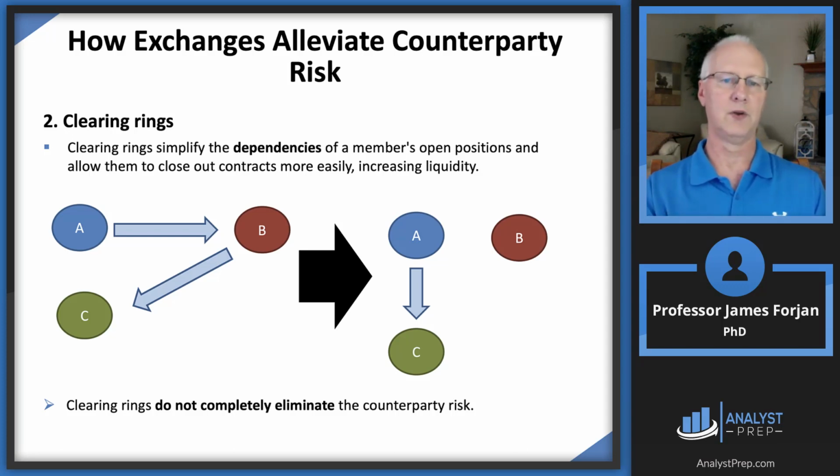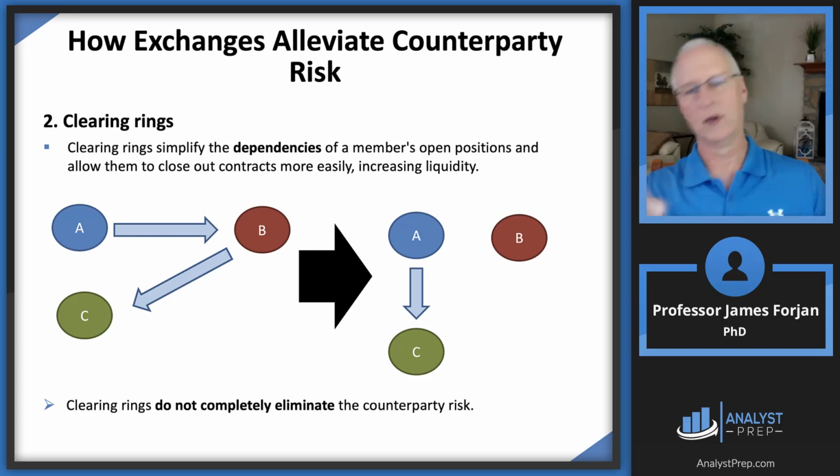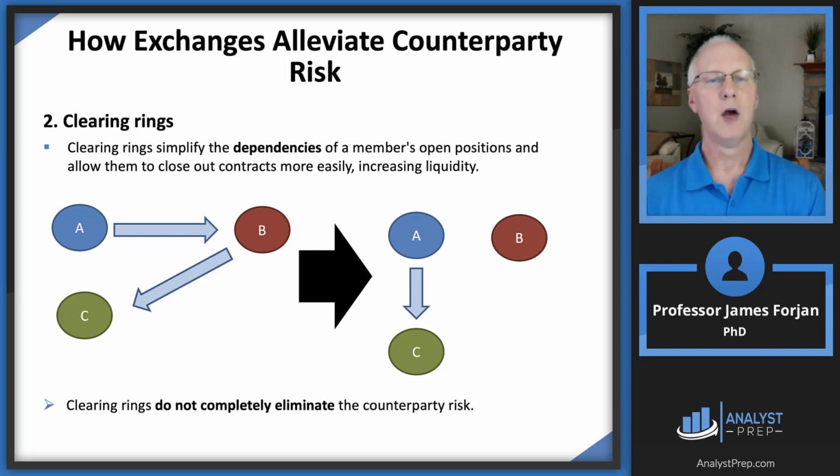So under the direct clearing, you'd have it going that way, then you'd have it going that way. But with these rings, what you can do is eliminate B. A could just pay C, and that's what I have over on the right-hand side of the arrow. It really just wipes out the ring. It eliminates the ring.